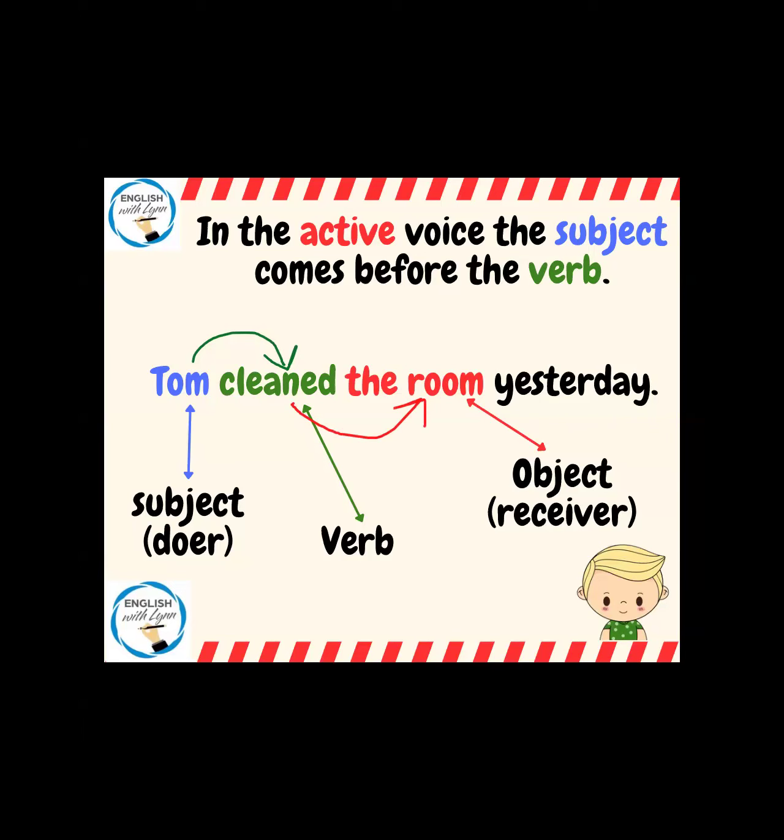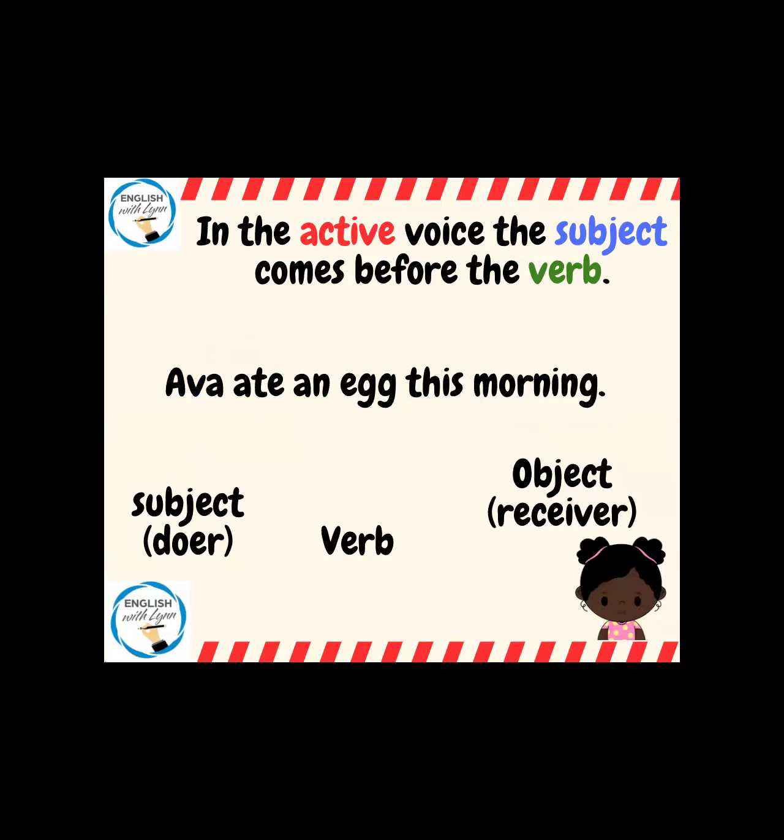Okay, so let's have a look at another sentence, see if we can work out our subject, verbs, and objects. So this sentence, we've got Ava ate an egg this morning. So the this morning part at the end is just telling me when the action happened.